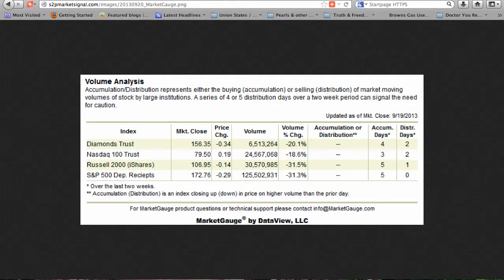Accumulation days are counted when the index closes up on higher volume than the prior day, while distribution days occur when the index closes down on volume higher than the prior market day. Last week, the Russell 2000 ended in distribution mode.